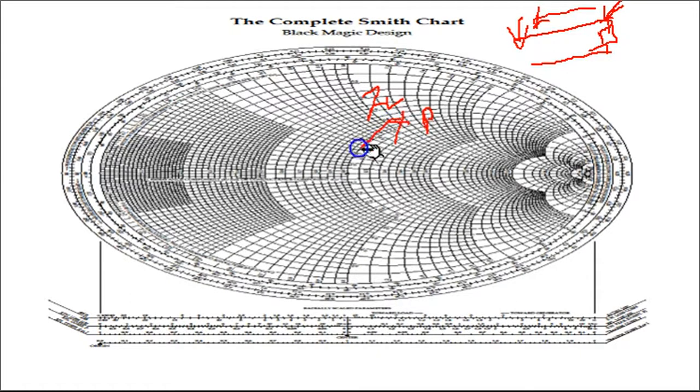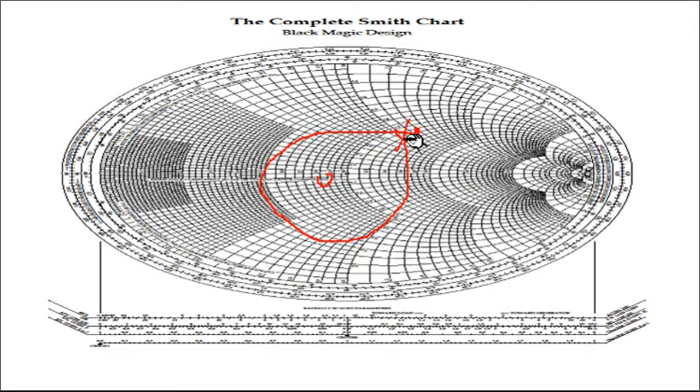From this P point you have drawn one circle. Let me redraw it so that you will understand. This is the P point. You have taken this O point as the center and OP as the radius, and drawn one circle.